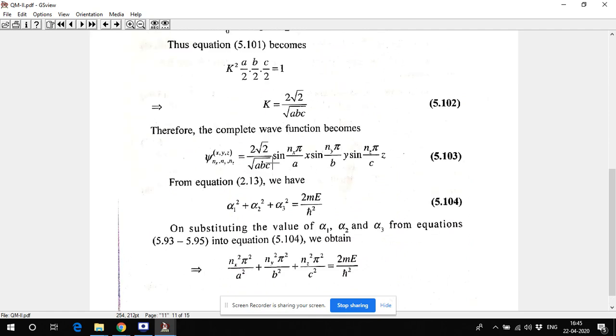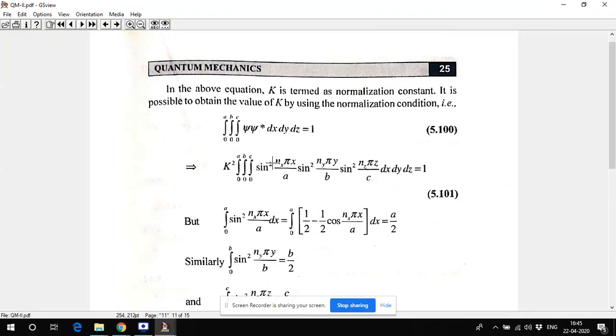So what we can do here is, if you remember, we had taken the normalization condition. This is the normalization condition now for dx, dy and dz, and we have this psi, which is k times sine nx, sine ny, sine nz, all squared.